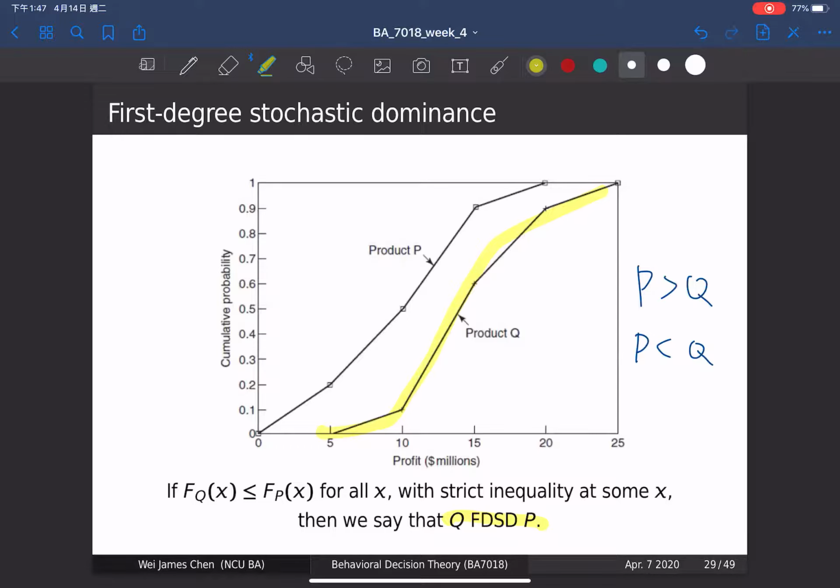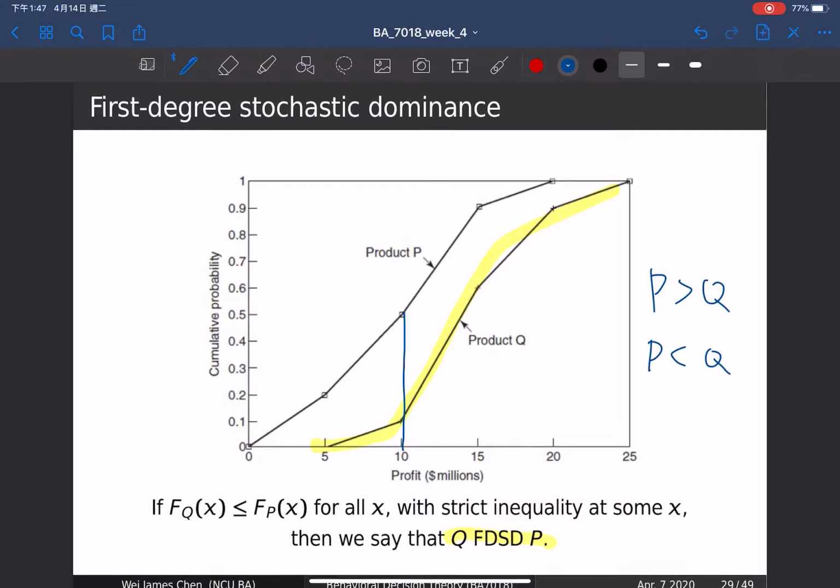So what it means by the distribution being lower is that at any given point, for example, the profit of 10 million here, for product Q, the cumulative probability, meaning the possibility that when I'm selling product Q the profit I get is under 10 million, is 0.1 probability.